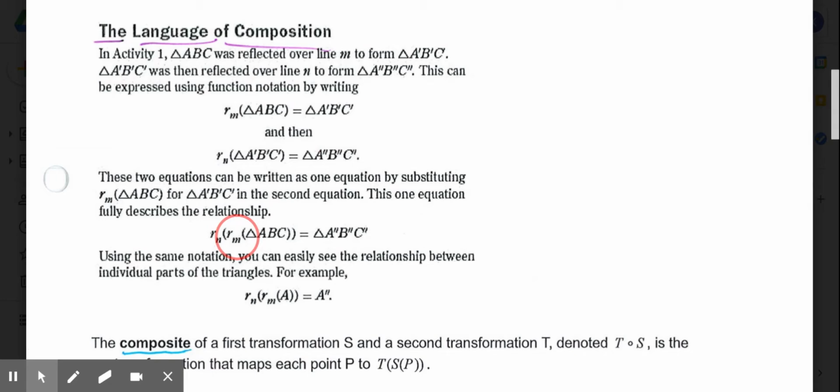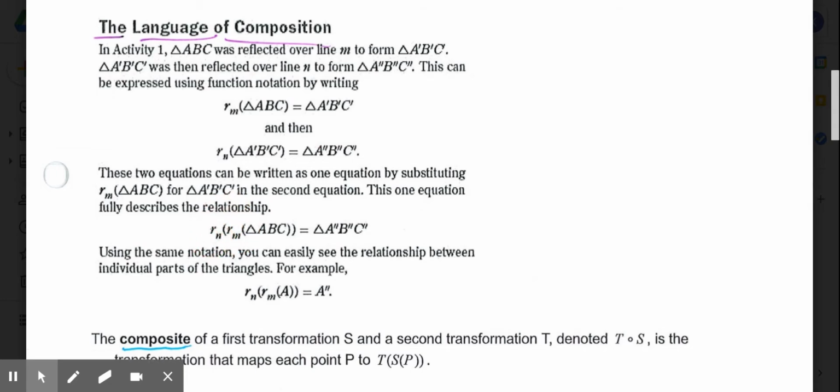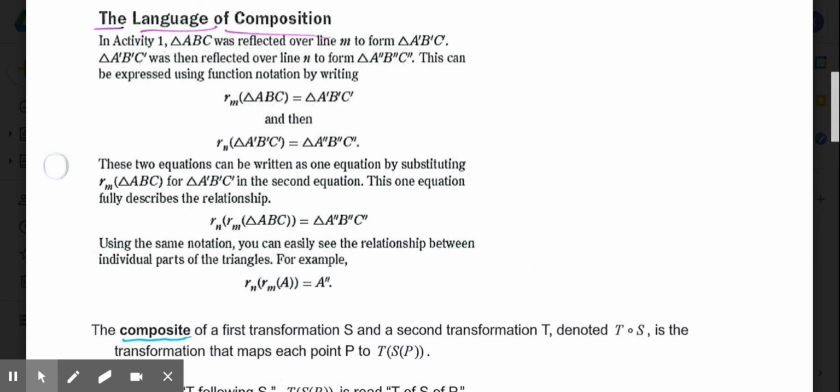The first one's on the interior, second one's on the exterior. So we could use that same notation to see the relationship between the individual points or parts of the triangle. So for example, point A reflected over line M, then reflected over line N, gives us point A double prime.